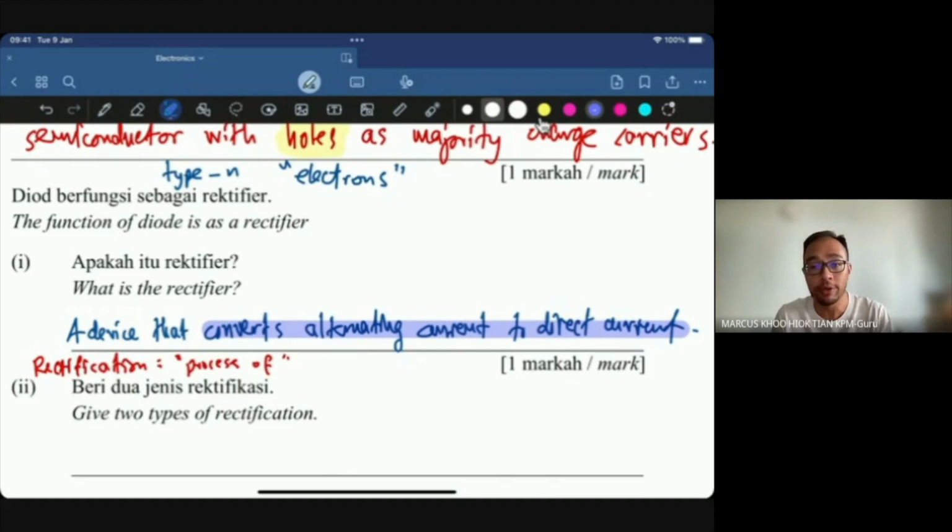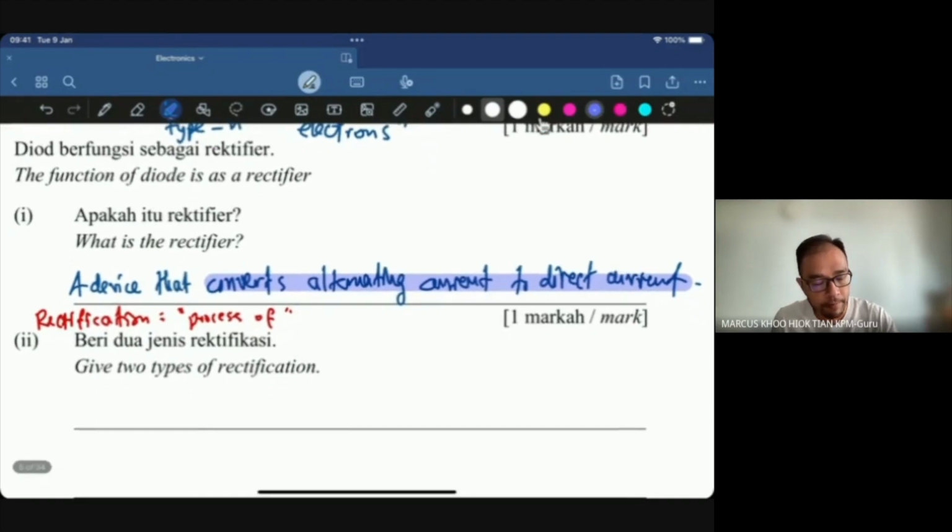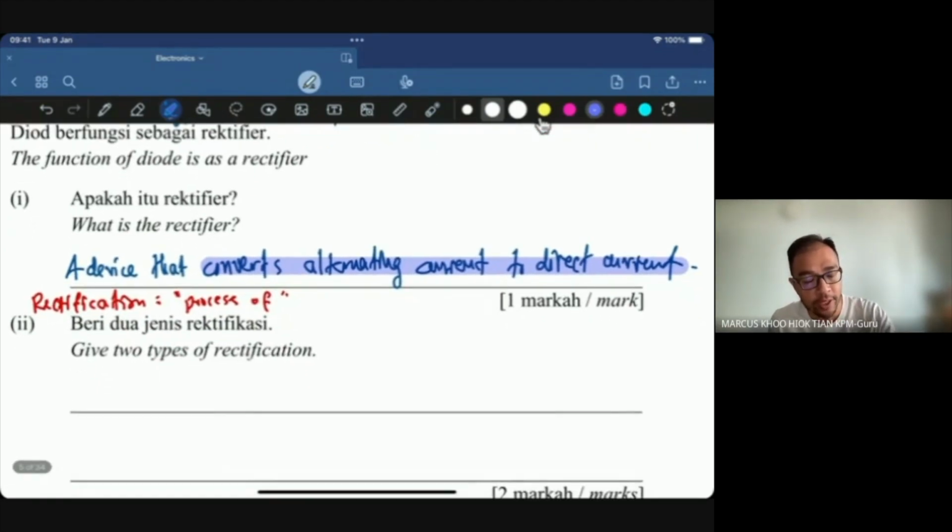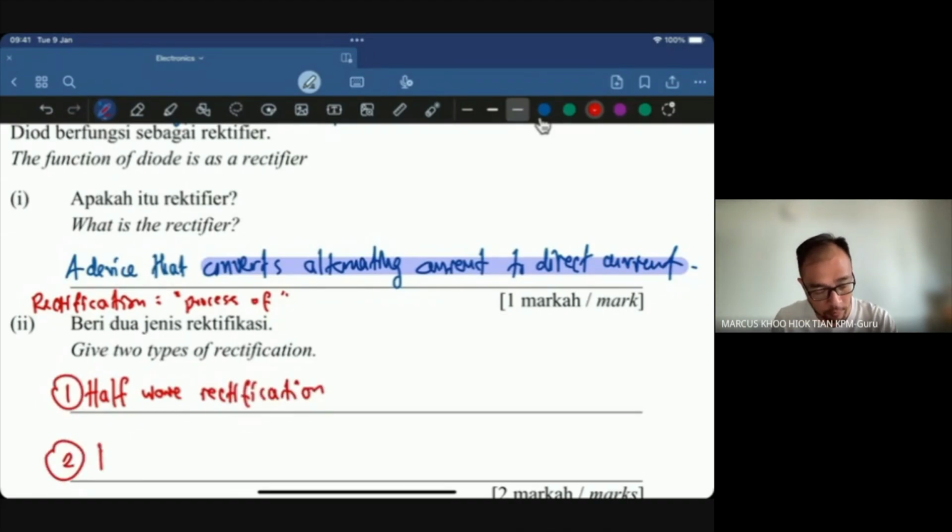If you can get this, then you have the entire idea of rectification. Give two types of rectification. One, half wave rectification. And two, full wave rectification.